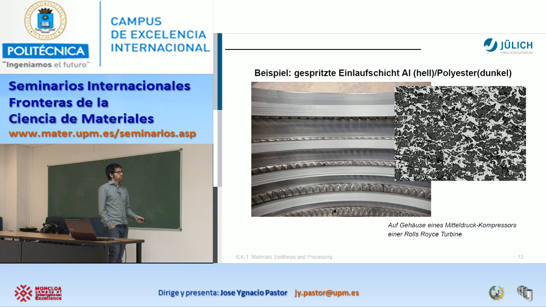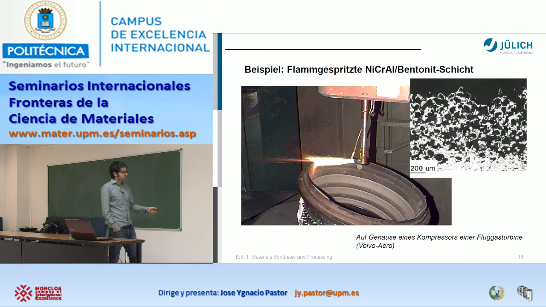Some components should be coated, and again what I want to show you is that these techniques are really used in really big components for really important companies, with this combination of aluminum and polyester, that is this dark phase, that means dunkel here, and can be injected like that with different gas. In that case it is like the bond coat, nickel and chromium aluminum compounds.